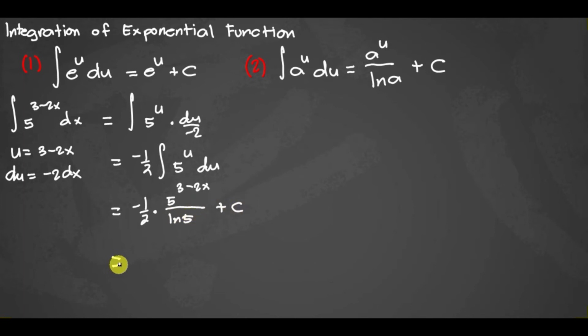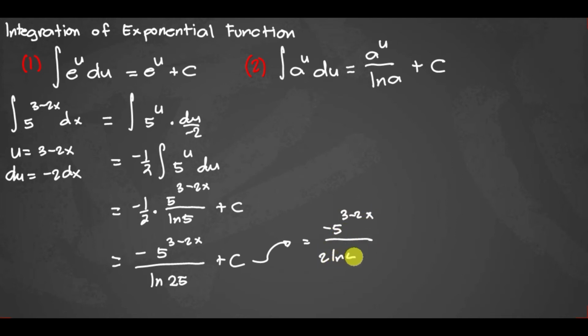And simplifying our answer, this will become negative 5 raised to 3 minus 2x all over ln 25 plus c. Or you can also write this as negative 5 raised to 3 minus 2x over 2 ln 5 plus c.